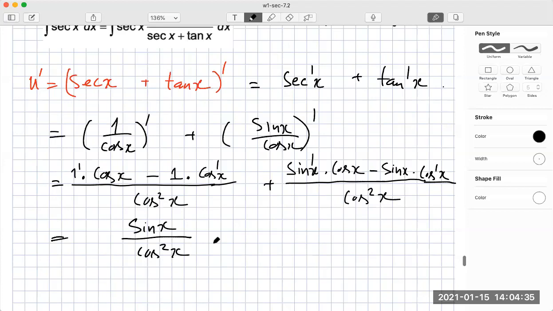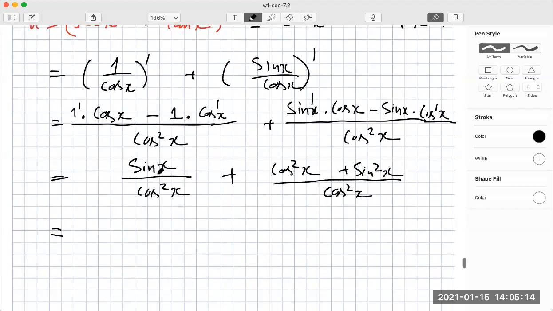Okay. Yes. And here, this guy, sine's derivative gives us cosine times cosine. And the second guy will be negative sine times negative sine, which gives us plus sine squared, right?